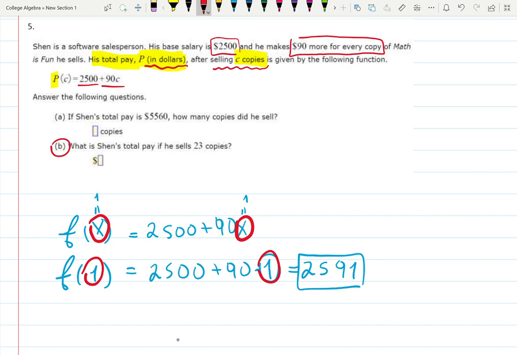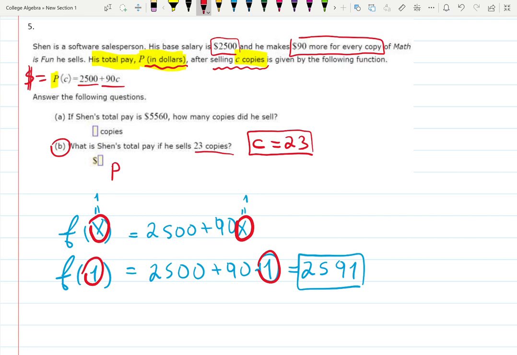P is money, so P is in dollars. That's how much money he gets in total. They say he sold 23 copies. What is that? That is my C. C is given. C is 23. Makes sense? C is 23, not in dollars. That's how you know, in units, which one you should plug in and where.